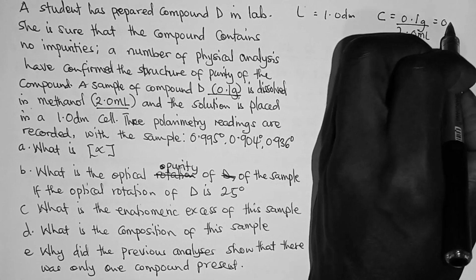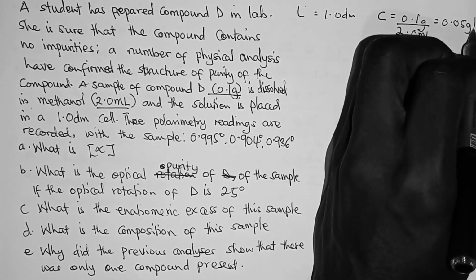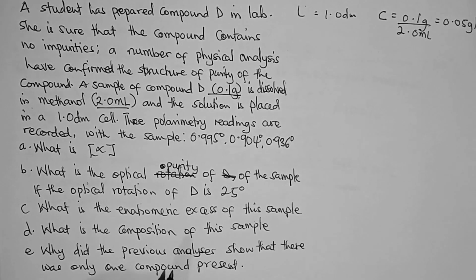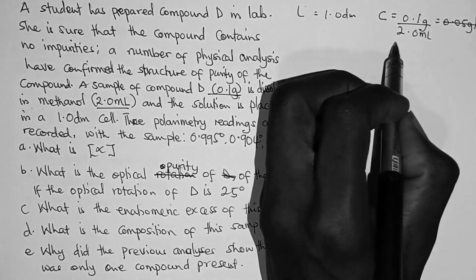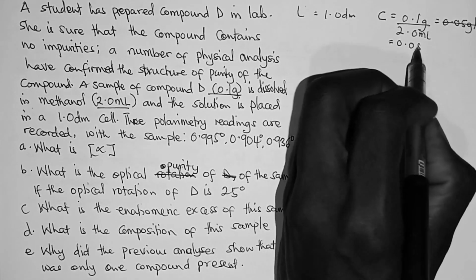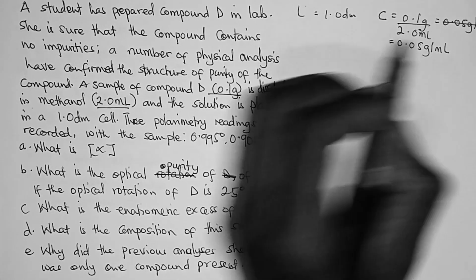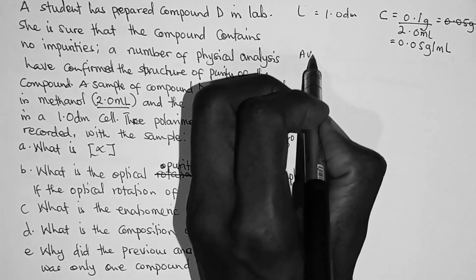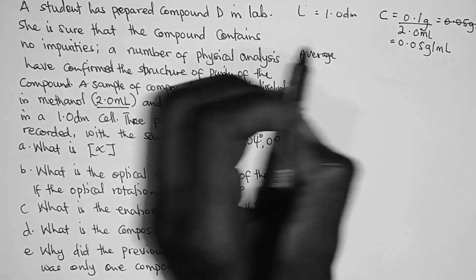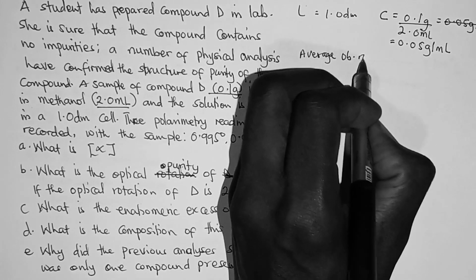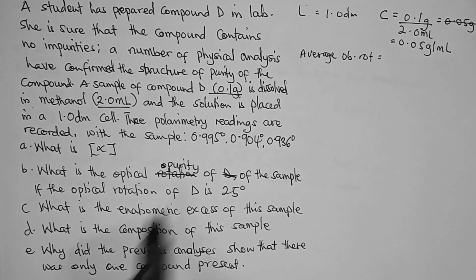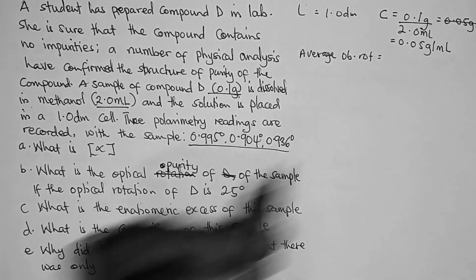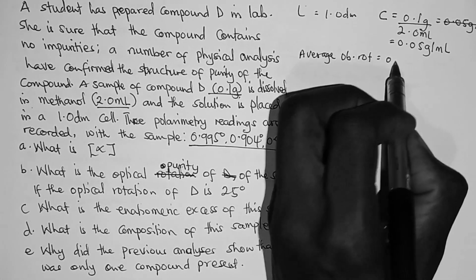And this is equal to 0.05 grams per milliliter. And we can also find the average observed rotation. And this is equal to, we just sum all of these values and divide by 3 because there are 3 values.